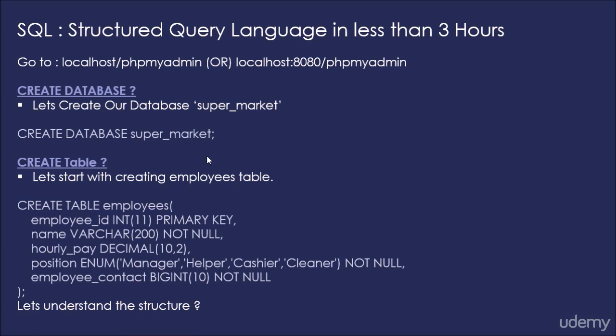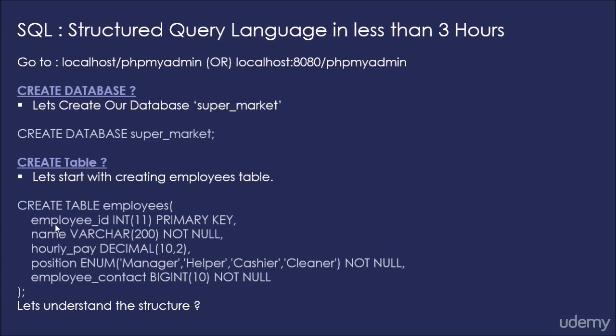CREATE TABLE basically tells MySQL to create a new table. Then the word employees tells that we want to create a table with the name employees. Then we have this opening and a closing round bracket here, and between those two brackets we have all the fields which we want to store for employees.